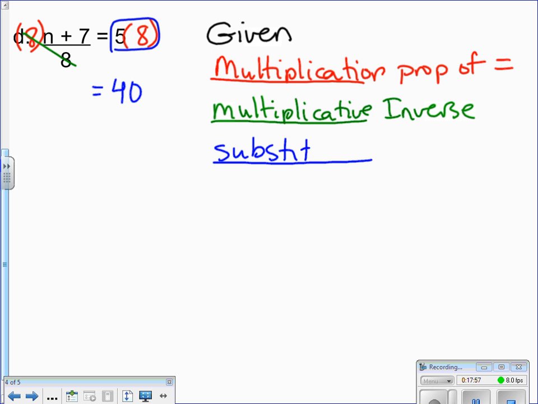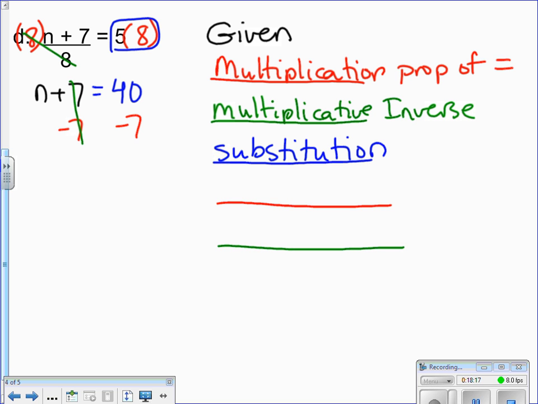Substitution. Now you've got 3 more steps. Minus 7 from both sides, that's a property. Crossing out the 7's, that's a property. Actually subtracting 7, that's a property. Fill it in.